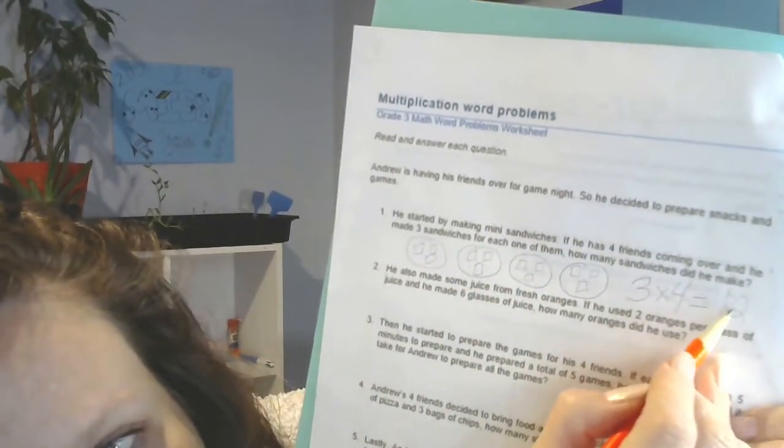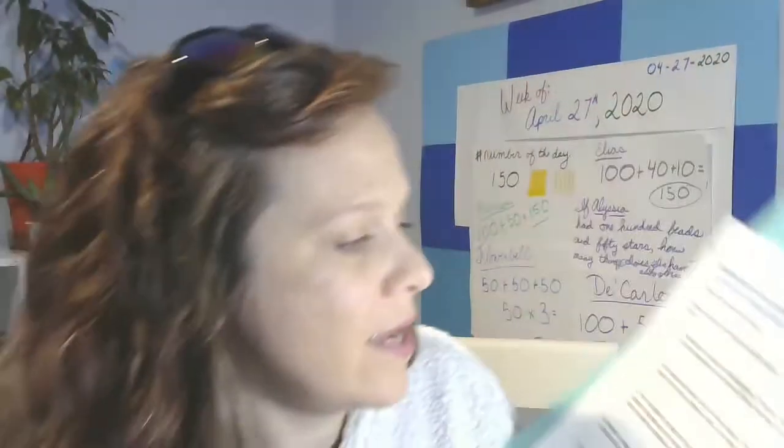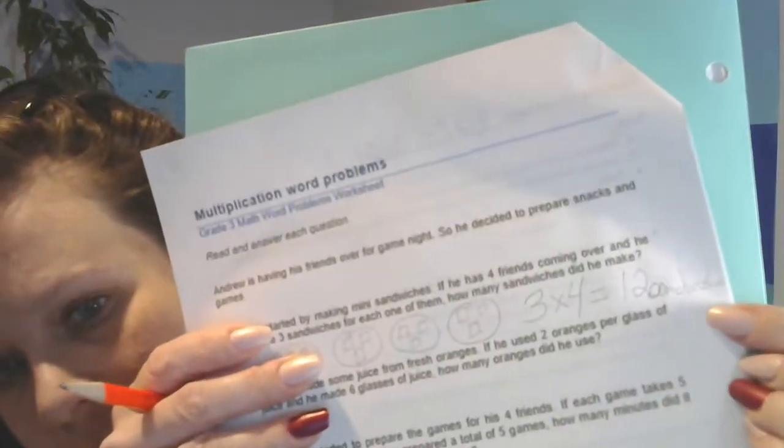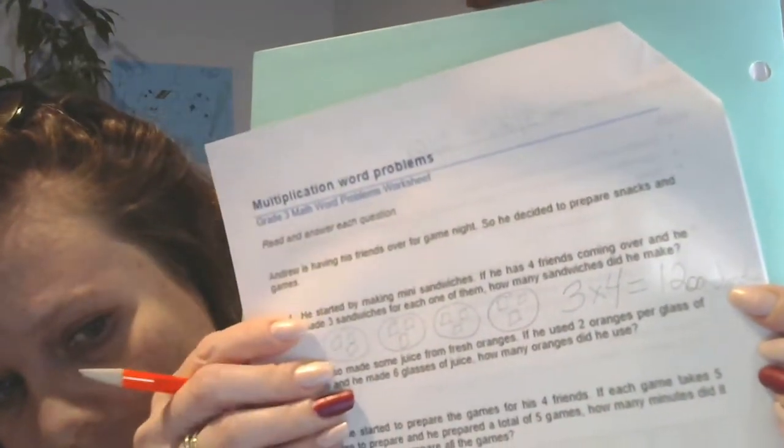And because this is a word problem, I'm going to make sure that I label my answer, although it's even harder for me to write up in the air than it is for me to write backwards. I had to squeeze it in there. 12 sandwiches.